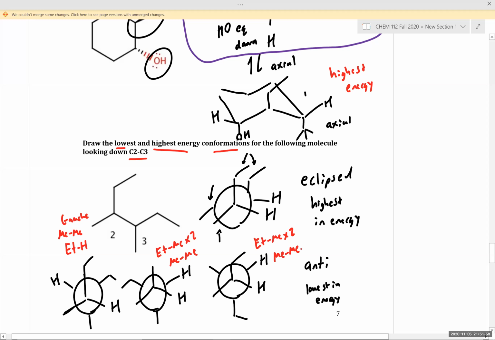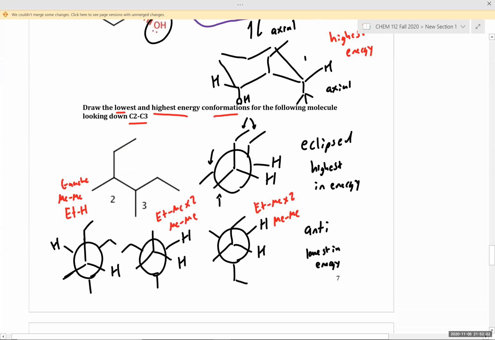So which of these proposed conformations has the least amount of torsional and steric interactions? So looking at these three possible anti-conformations, which of these conformations is lowest in energy? So let's title them A, B, and C. Which one's lowest in energy?